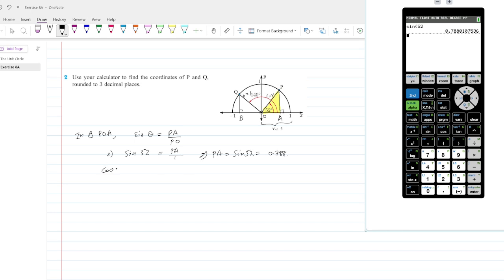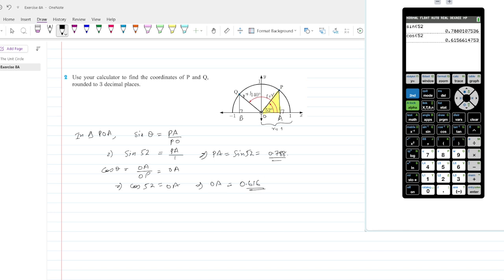Similarly, cos theta equals OA divided by OP. Now OP is 1, so this becomes OA. So cos 52 equals OA, or OA equals cos 52, that is 0.616.